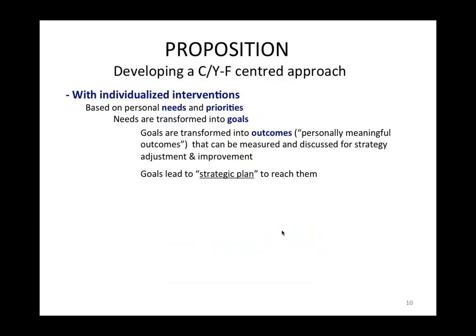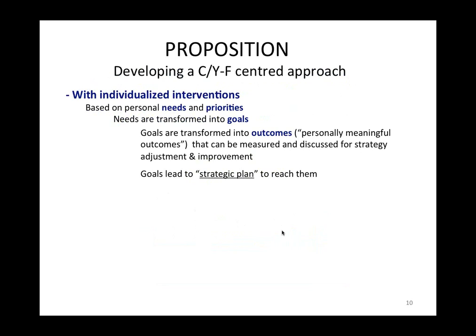So the proposition is the first intervention to boost motivation is to have individualized interventions that are based on personal needs and priorities. These needs are transformed into goals, and the goals are transformed into outcomes. And we talk about personally meaningful outcomes because they come from their needs defined as priority.